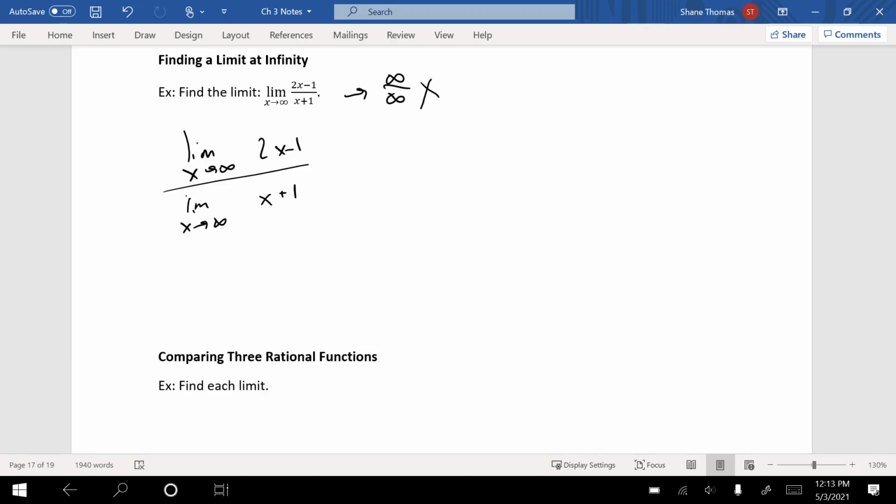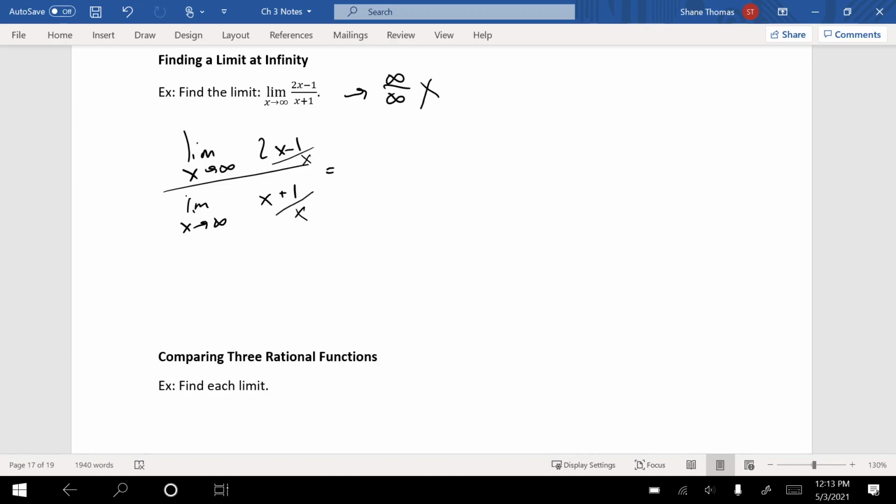All right? Now, we need to get some x's out of here somehow. The quickest thing I see is let's divide the top and bottom both by x. That'll get us a chance to cancel some x's, hopefully. Divide by x, and divide by x. Now, when I divide the top one by x, I'm going to write out some extra steps here.